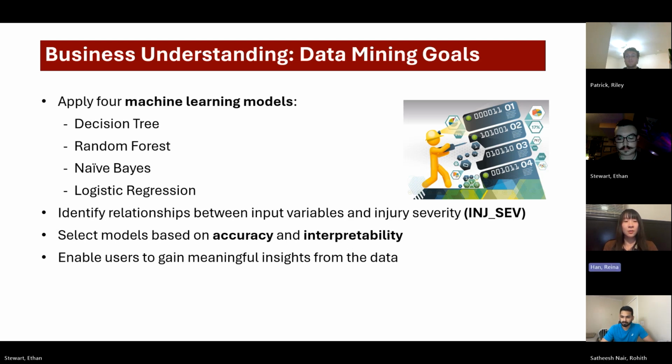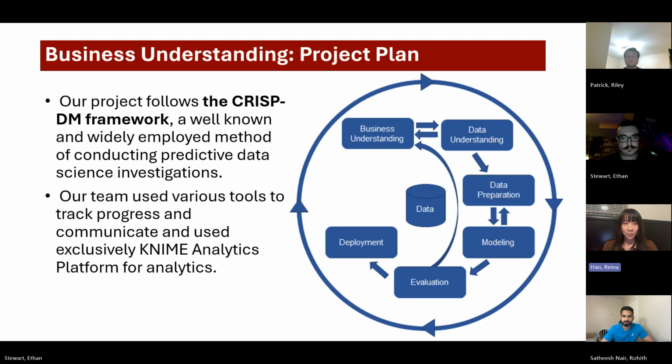Once we built our models, we focused on choosing the ones that offer the best balance between accuracy and interpretability, so the results are not just correct, but also easy to understand for our end users. In the end, we were trying to turn complex data into insights that can actually make sense and can drive better decisions. For our project structure, we followed the CRISP-DM framework, which is a standard approach in data science for guiding predictive analytics projects.